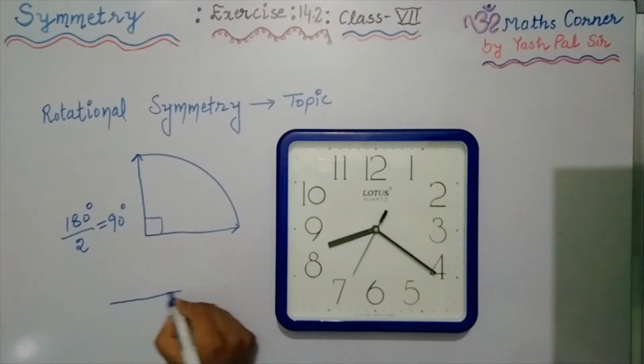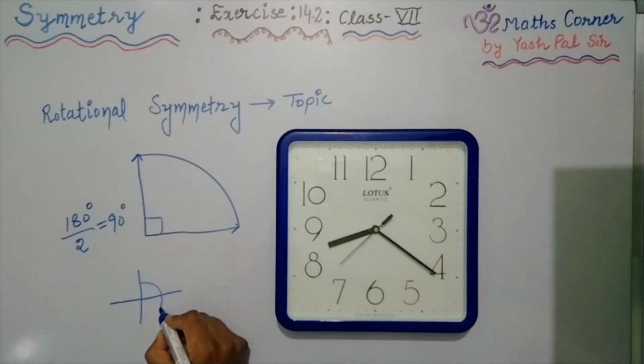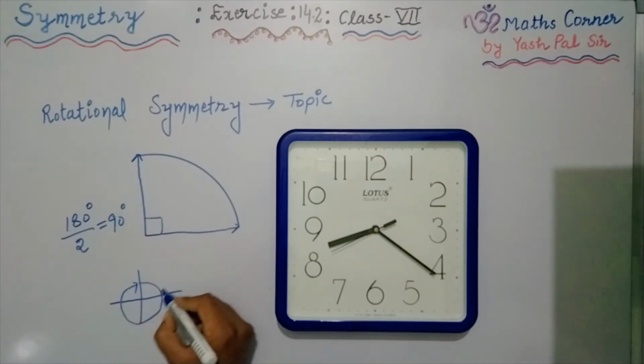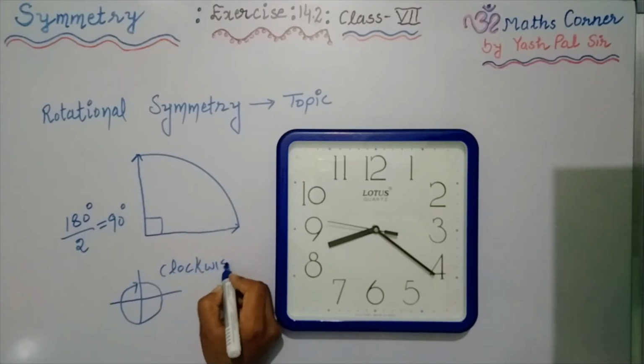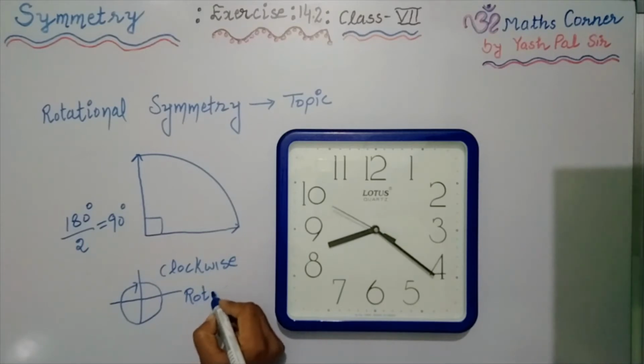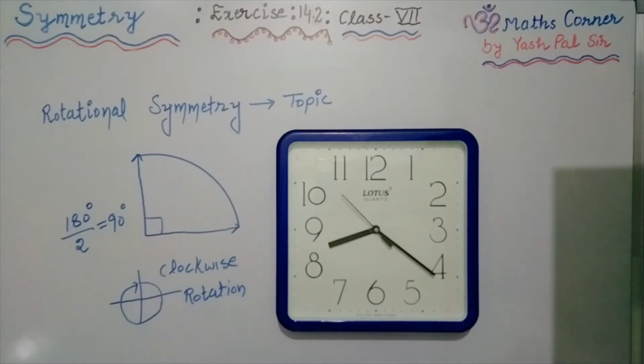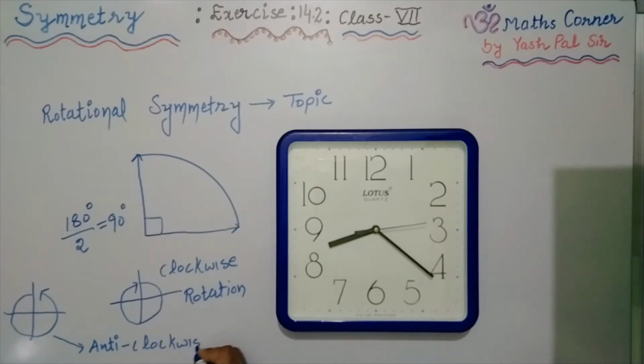So we have seen that if rotation is like this, the rotation is called clockwise rotation, and this rotation is called anti-clockwise rotation.